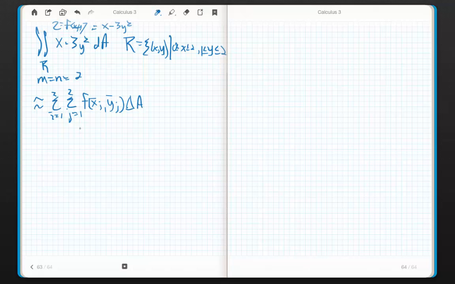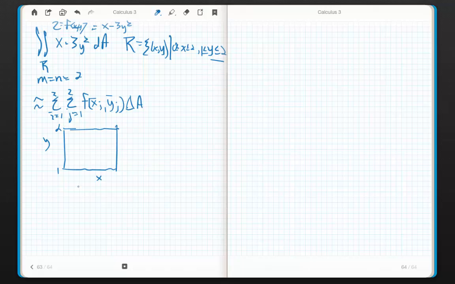Now, we've got to figure some stuff out here. What I'm going to do is build a rectangle. These are going to be my y's, and these are going to be my x's. However, this starts at 1 and finishes at 2 because it tells me so.